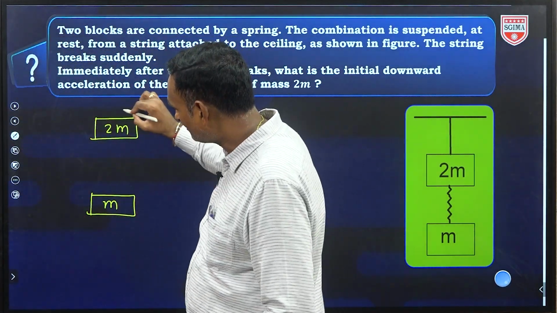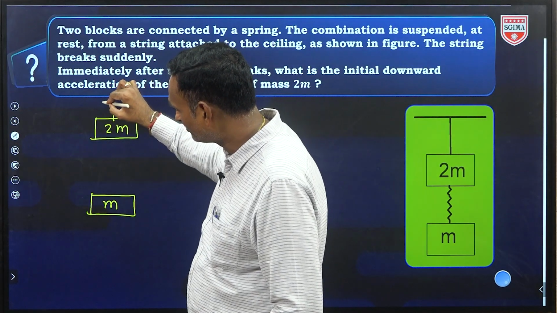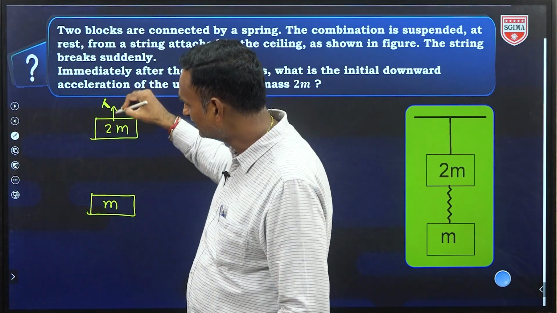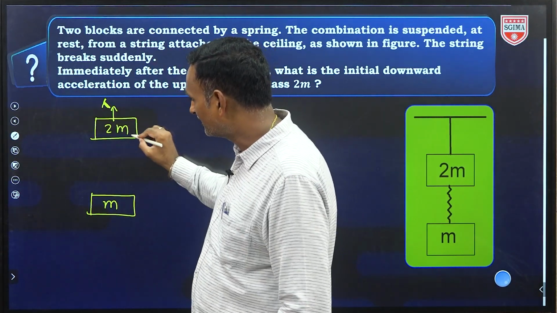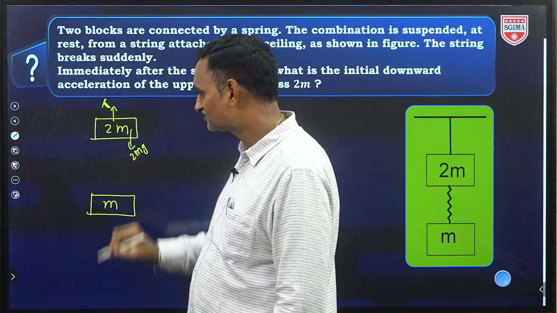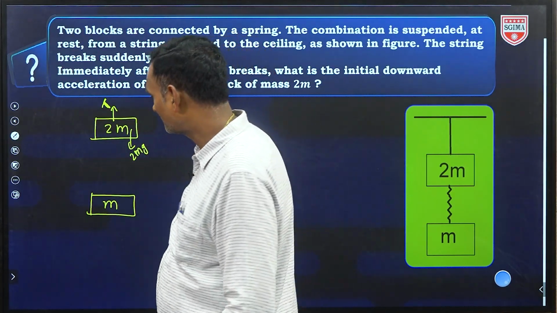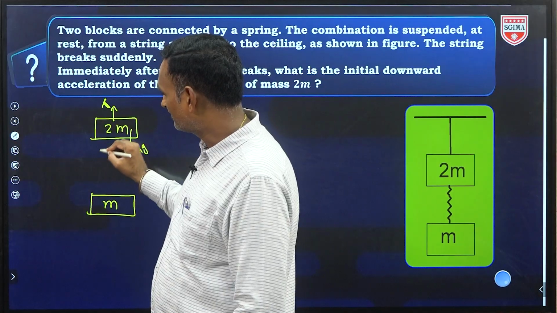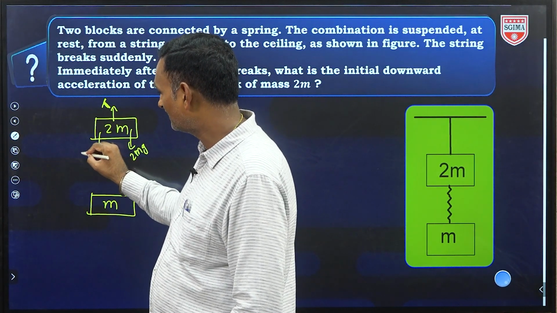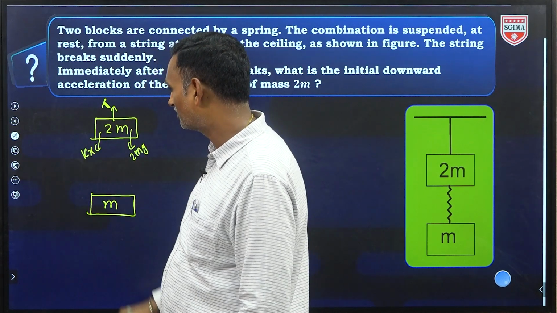Upward there is a string connected, so due to the string the tension is upward. Next, 2mg is the weight of the block downward. Now the spring will exert some force, which we take as kx downward.